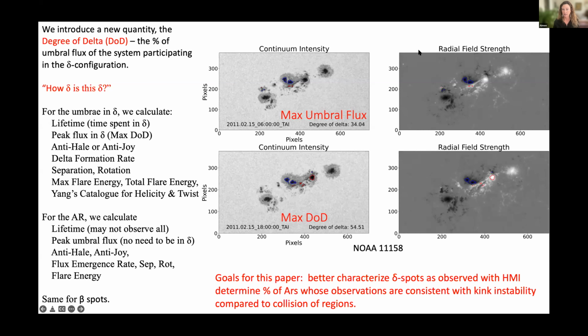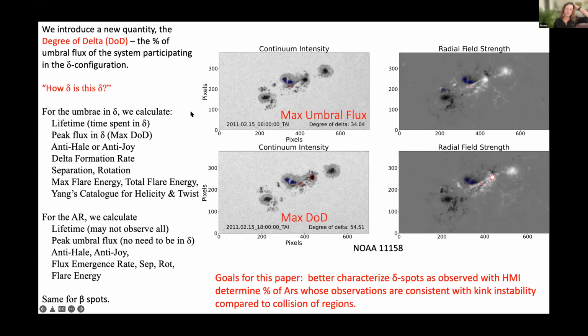If you look over here at these images at slightly different times, a 6 universal time hour and an 18 universal time hour on the same day, you'll see the same system, but the umbrae participating in the delta are only this portion here in one, and then all of this portion here in the other. So it's just a slightly different amount of umbrae participating in the delta configuration.